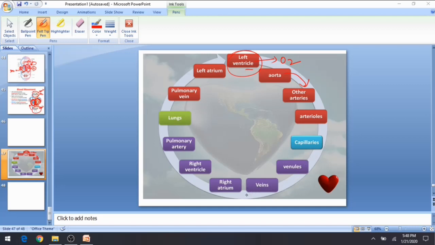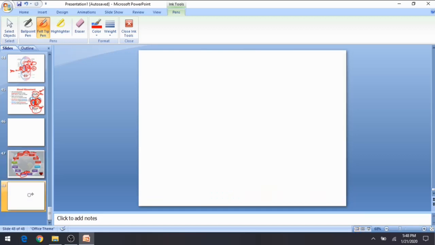From different parts of the body, deoxygenated blood goes through the inferior vena cava and superior vena cava into the right atrium. From there it goes to the right ventricle, then pulmonary arteries, lungs, then pulmonary vein, and finally to the left atrium. So this circle goes on. So we need to simplify our answer.